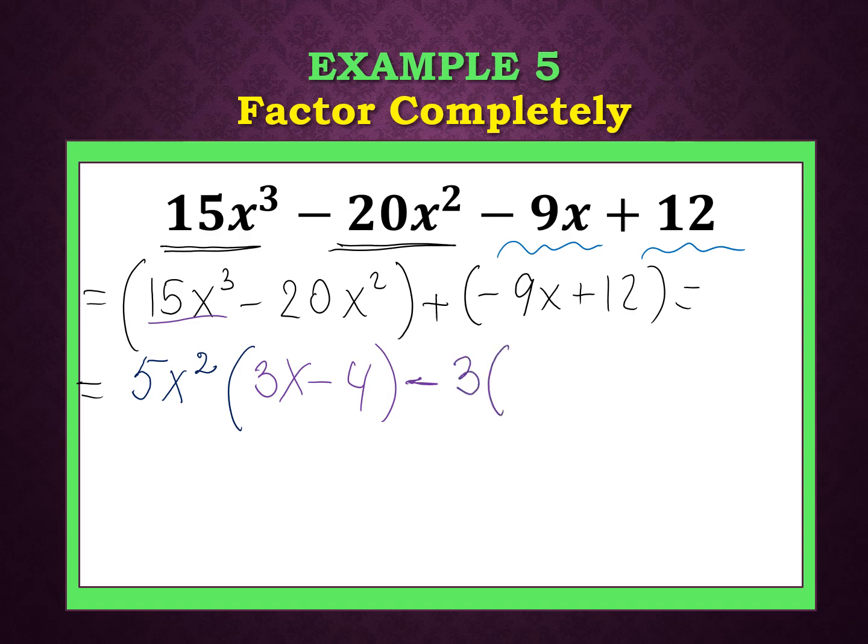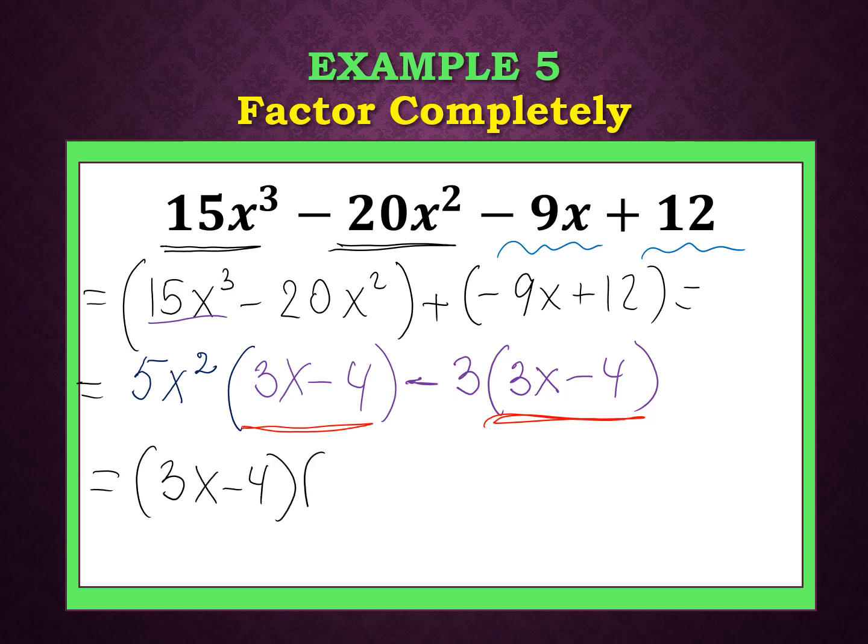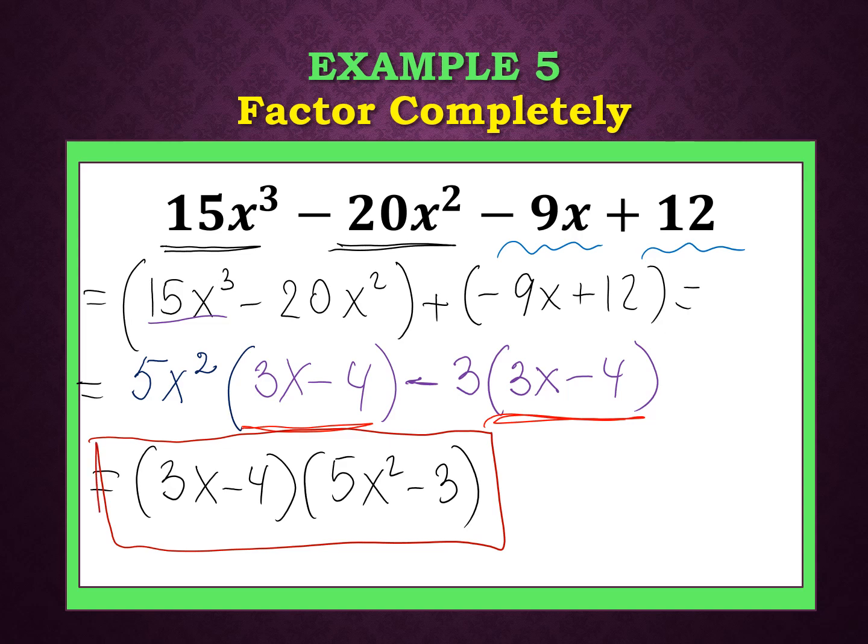So now inside parentheses we have 3x minus 4. Very good, we have common factor 3x minus 4. It is the common factor for our expression. Now we will use our distributive property formula. 3x minus 4, open parenthesis, 5x squared minus 3. It is the factored form of the given polynomial.